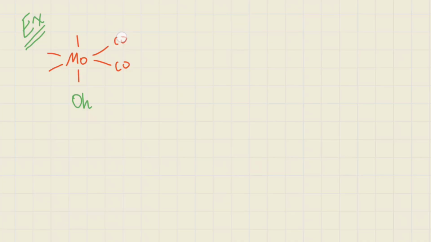We have CO molecules, and we will use a PPh3 ligand. By the way, PPh3 is a good sigma donor ligand and makes the metal center electron rich.